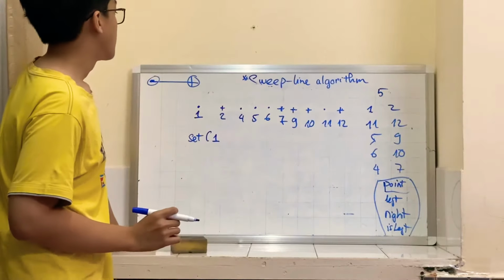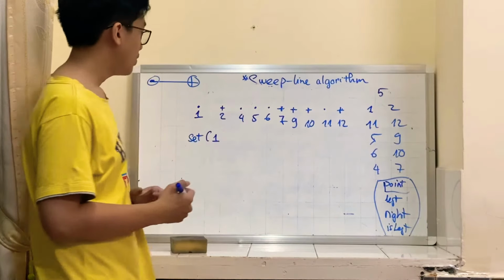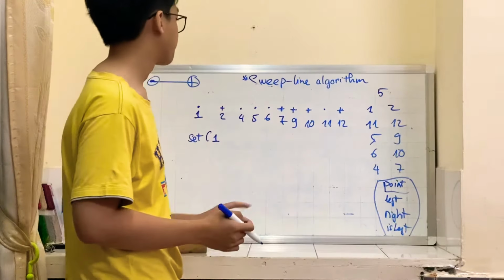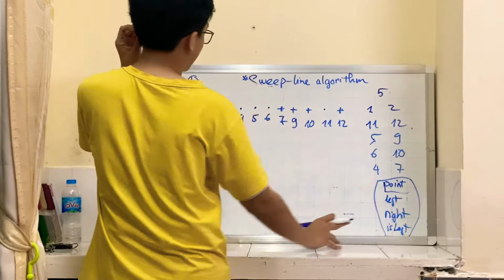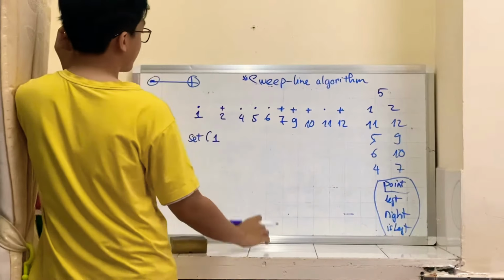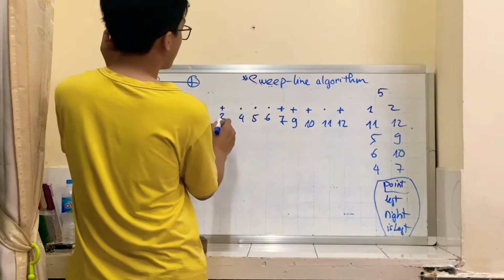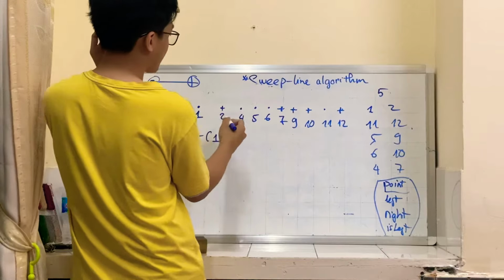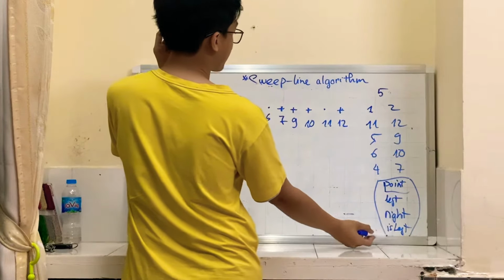And the second one is 2. 2 is not the left side because it's a plus sign, so we will check this point 2, which has the structure point, left, right, is left.